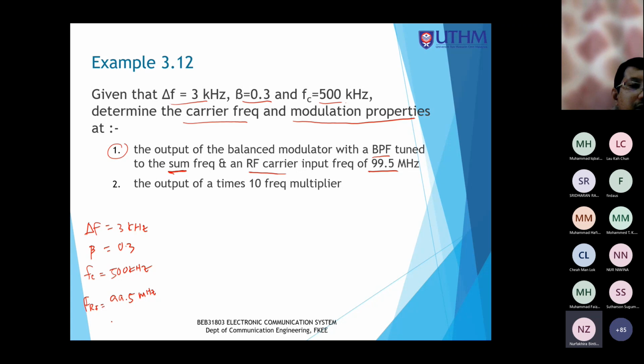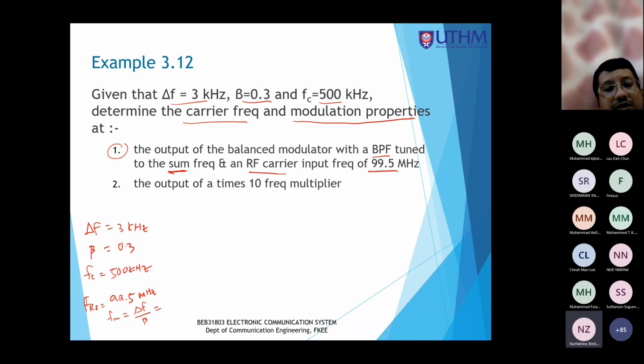So if you see from here, FM, the modulating signal frequency, is actually equal to delta F divided by beta, because beta is equal to delta F over FM.